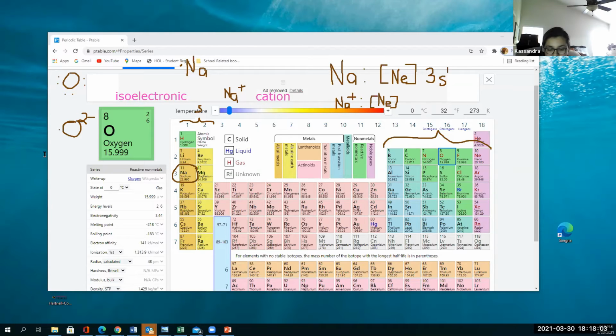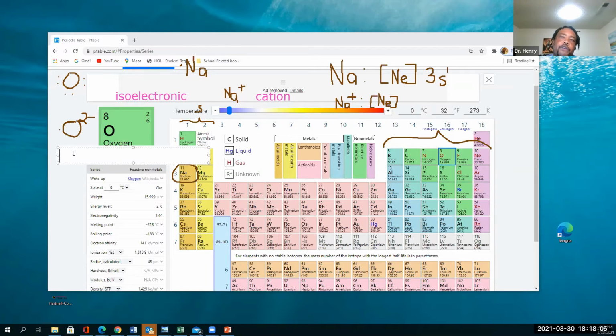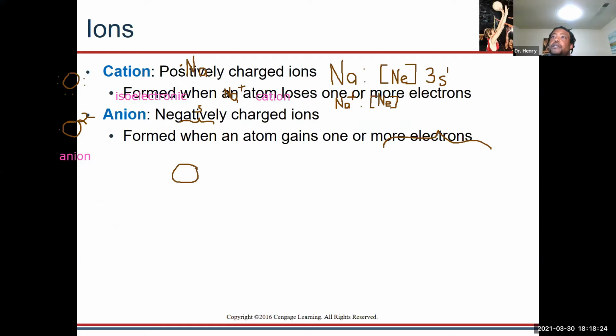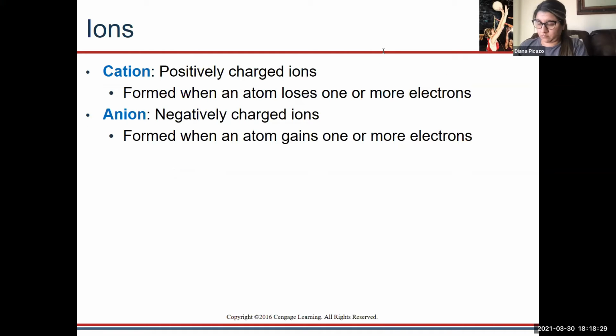And oxygen here would be an anion because it's negative. So cation, positive charge; anion, negative charge.